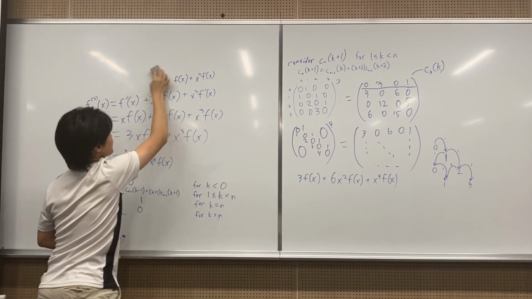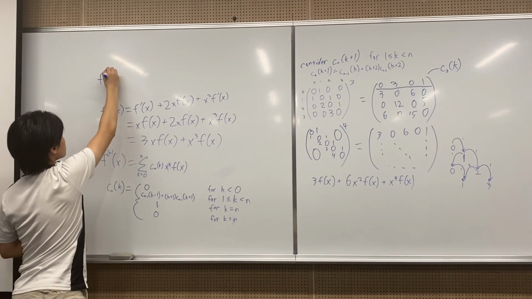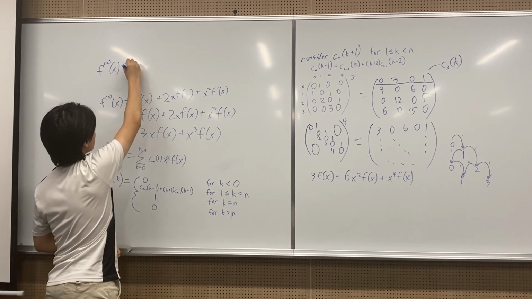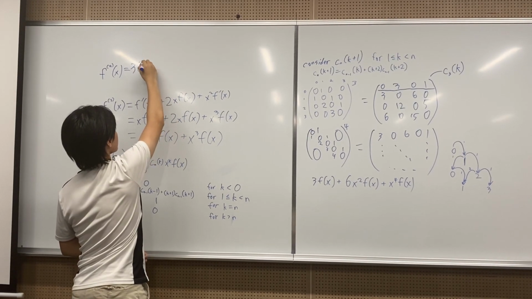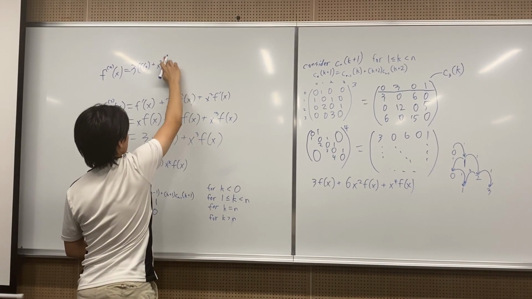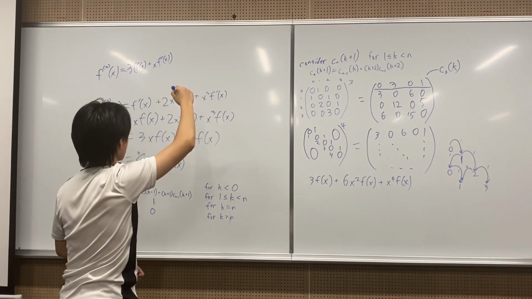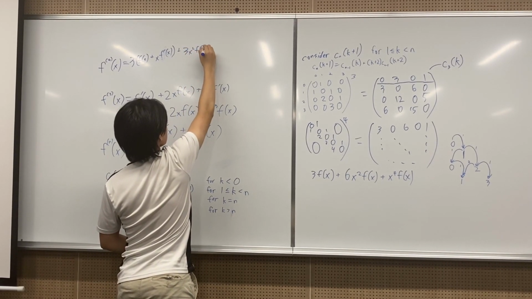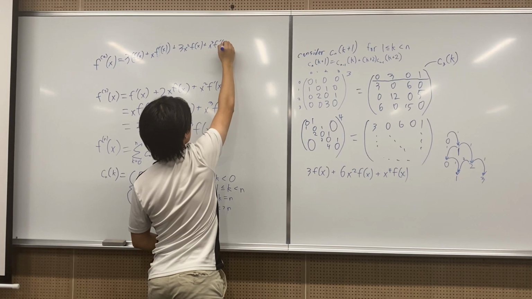I'm gonna keep the third derivative because that'll be useful in getting the fourth derivative. f4 of x is, so here we have the 3, and we're going to product rule the x f of x into f of x plus x f prime of x, plus 3x squared f of x plus x cubed f prime of x.